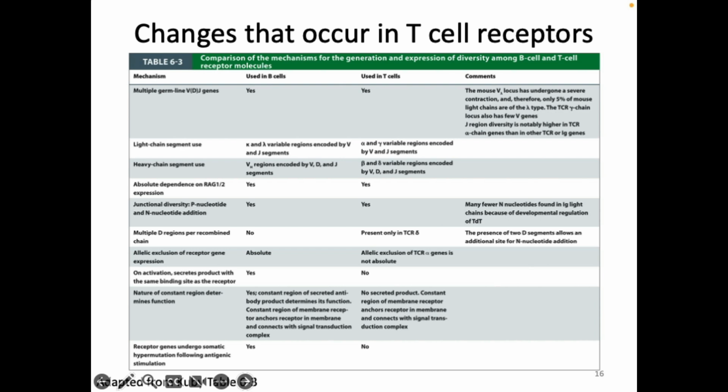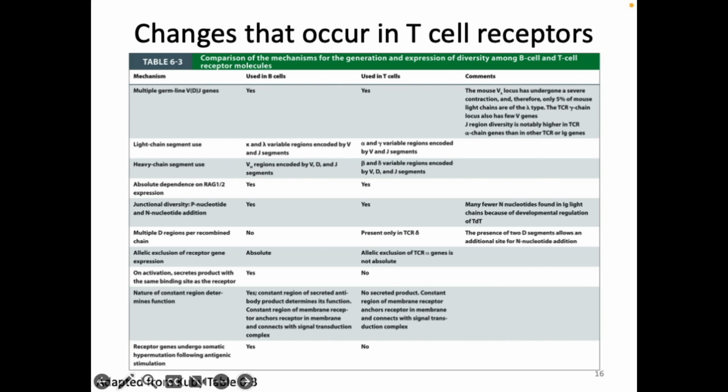And thus, since we don't have a secreted product in T cells, it can't do different things based on its constant region, like IgM versus IgG. And the B cells undergo somatic hypermutation and class switch. Those things we talked about later in the life of a B cell that we haven't really gotten into any details of, but I said that happens later.